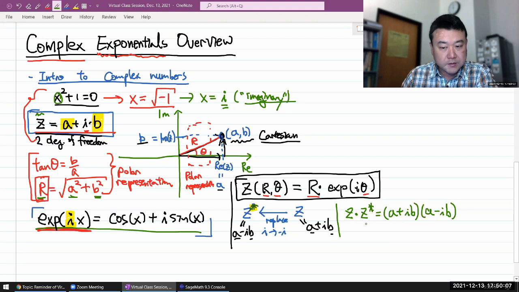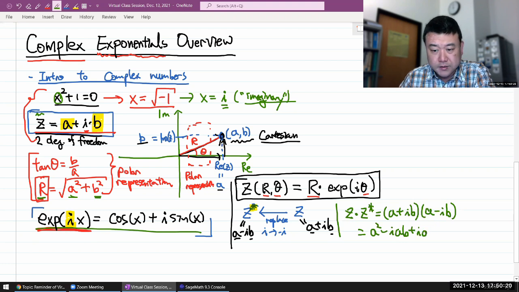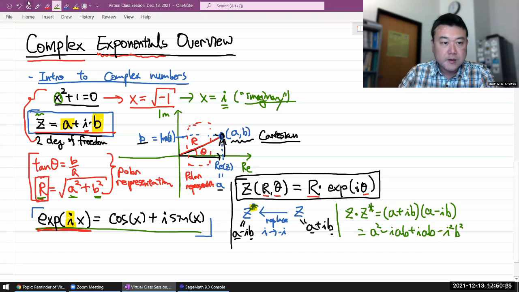Okay, let me just do the expansion. a times a is a squared, a times minus ib is minus iab, ib times a is plus iab. The order doesn't matter, so they cancel, and plus ib times minus ib is minus i squared b squared.